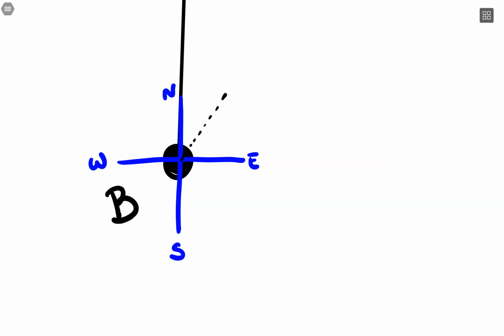So what that would look like here is, if I visualize my compass, I have north, east, south, west. So we're going 50 degrees north of east. So we're going in this direction. So 50 degrees maybe looks something like that, where this measurement right here is 50 degrees.